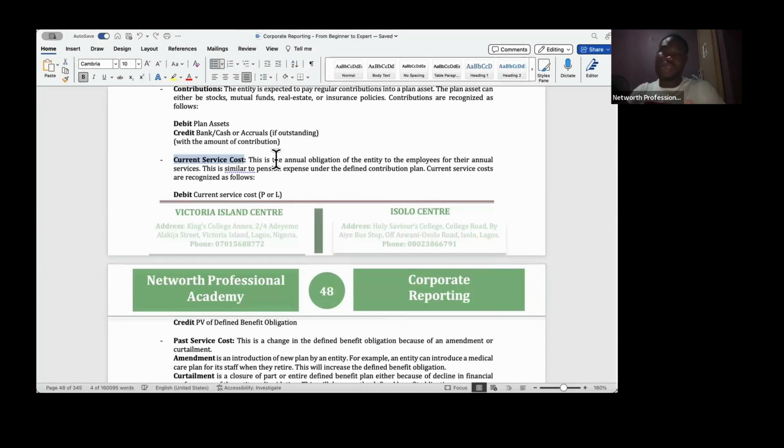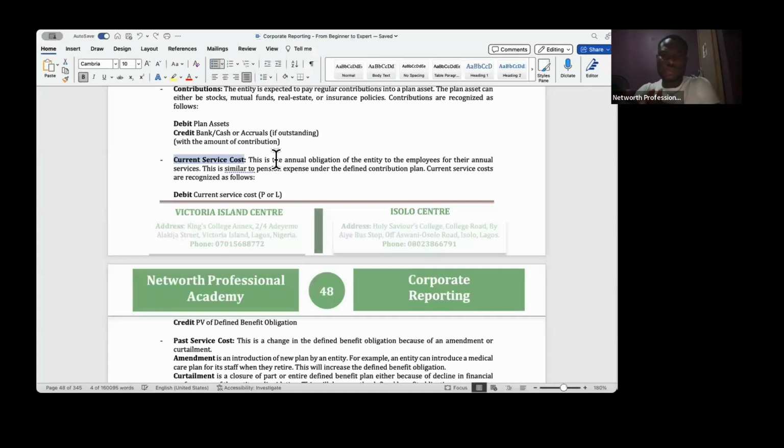It's not everybody that will actually stay till retirement. Some people can leave in 2 years, some in 3 years. The method the actuary uses is called the projected unit credit method. You can see the examiner using that term in the exam: projected unit credit method.